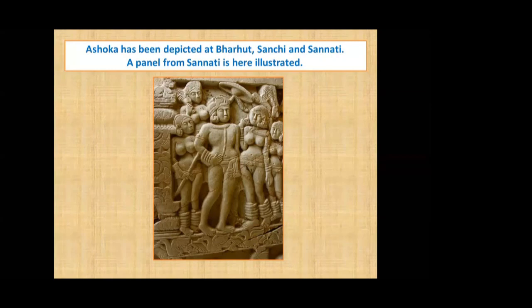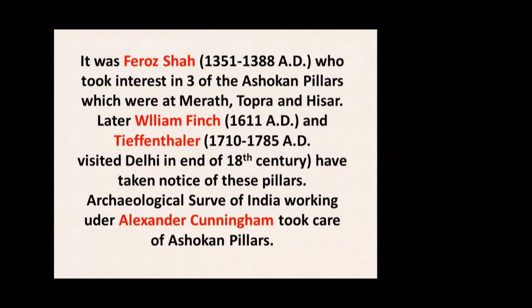Now you see how these inscriptions are Mauryan art. It attracted people. It was Firoz Shah. Just see, in the 14th century he was interested in three Ashokan pillars: one from Meerut, one from Ambala, and the third one from Hisar.